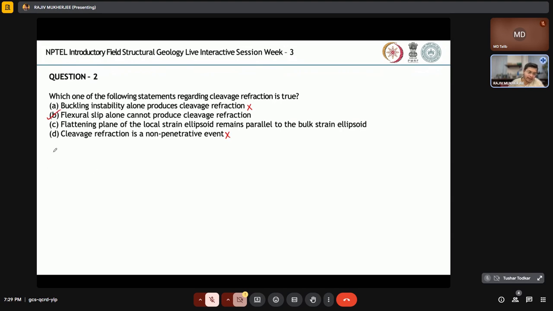Because flexural slip is an important component to produce cleavage refraction.